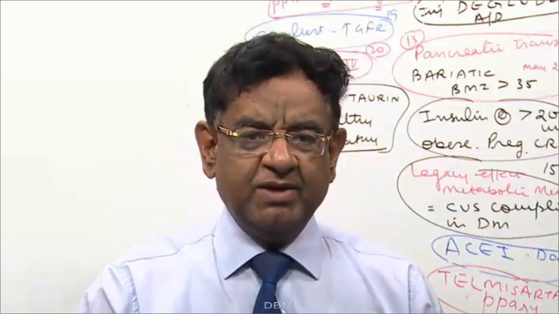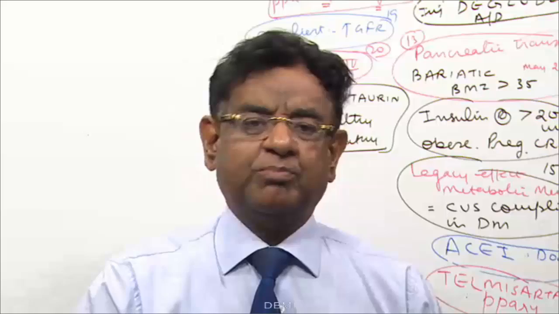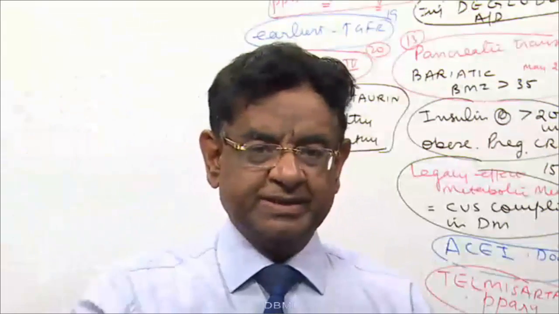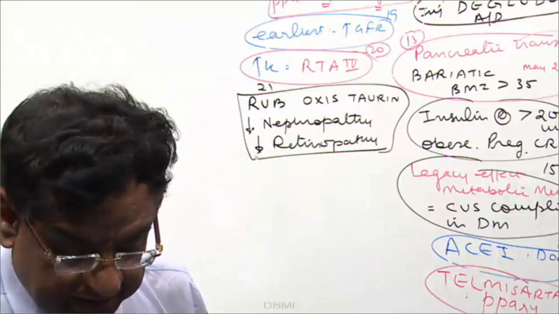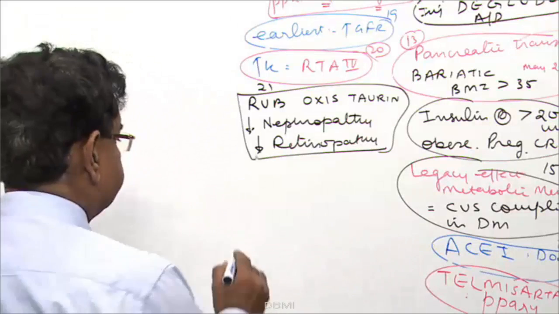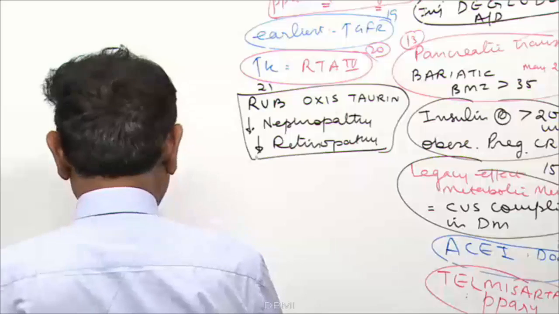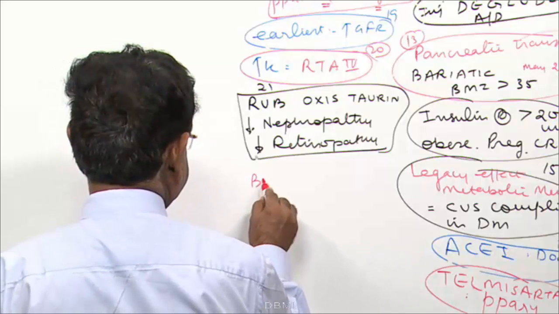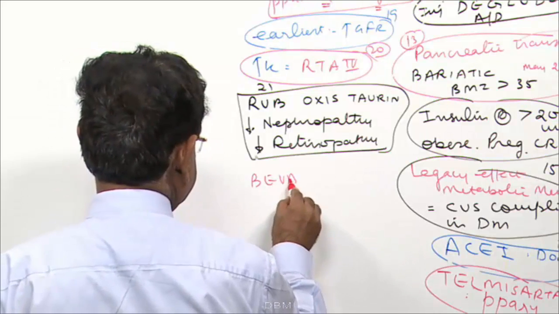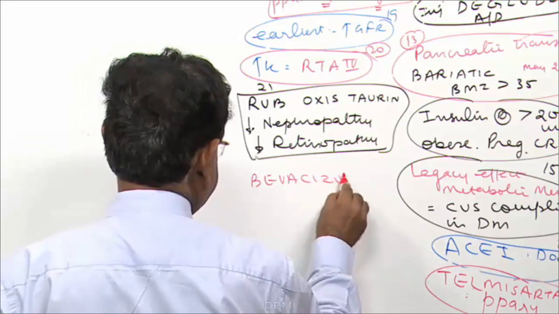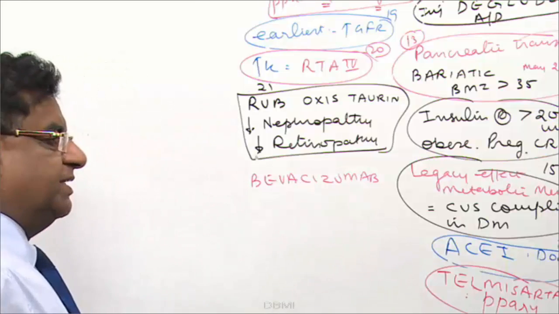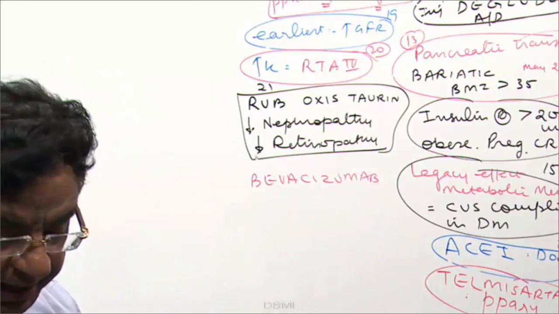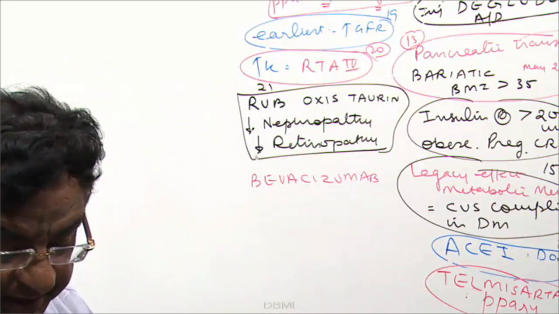But since the trial was done in AIIMS, you are bound to get this question in the coming exam. The 2 drugs are bevacizumab and the second drug is ranibizumab.